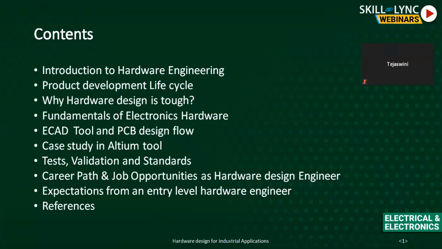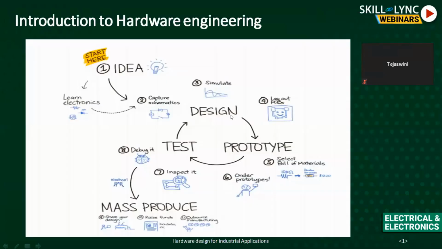We'll see what schematic and PCB layout will be done, and then some of the tests, validations, and standards. These we will talk about, and then career path and job opportunities as a hardware design engineer. We'll just touch on that, and then expectations from an entry level hardware design engineer. We'll also see that. So let's move on.